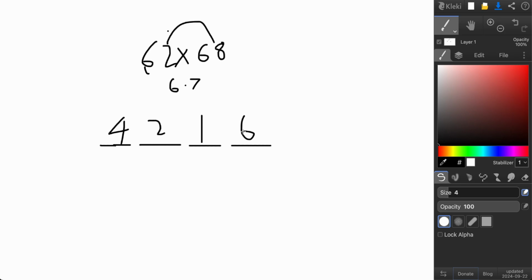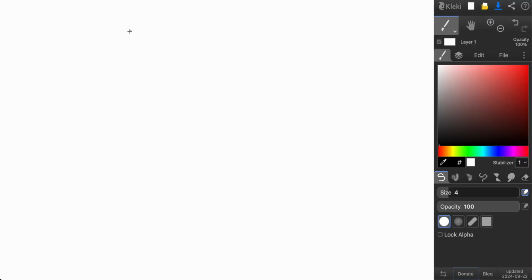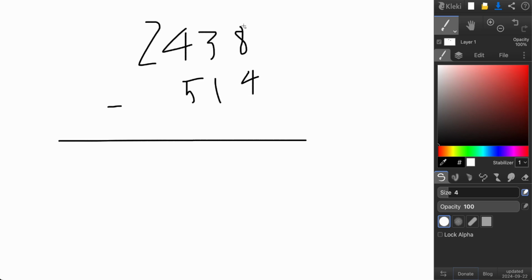Now there's another trick. Well, this is just a general trick for subtraction. So let's say doing something like 2438, and you're trying to subtract 514. Now, most of you would probably start solving 8 minus 4 equals 4, but there's a better way. 514 equals 500 plus 14.